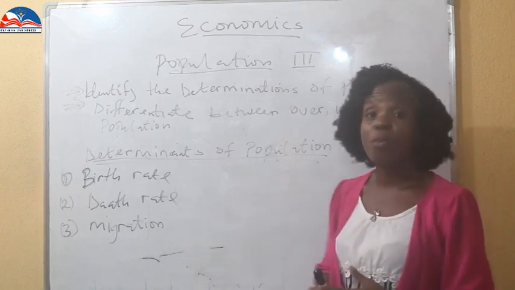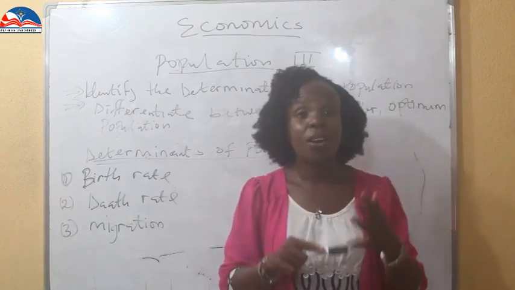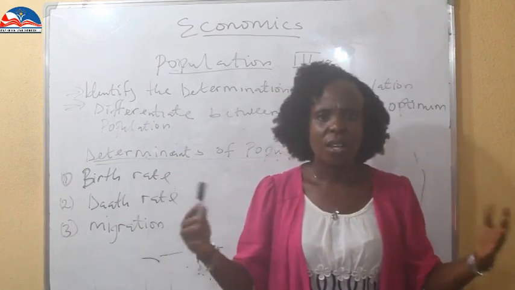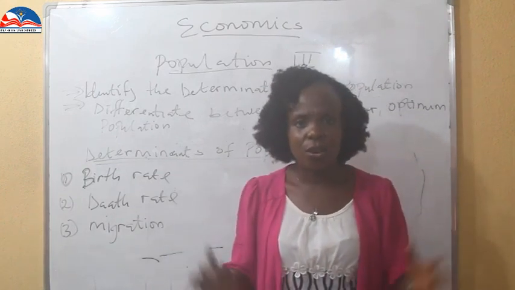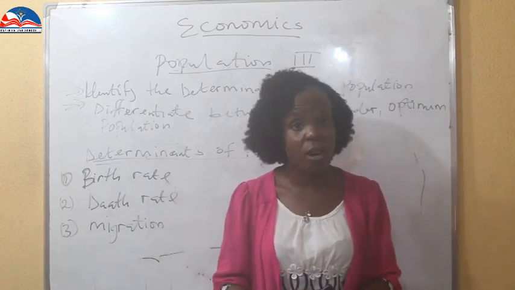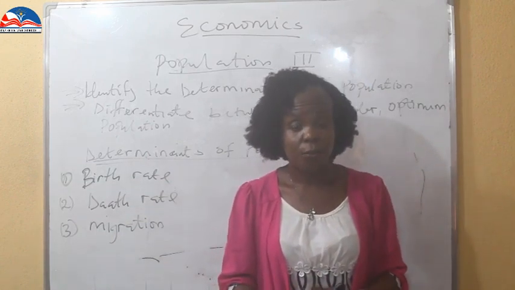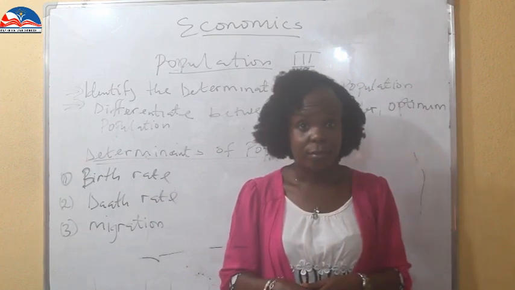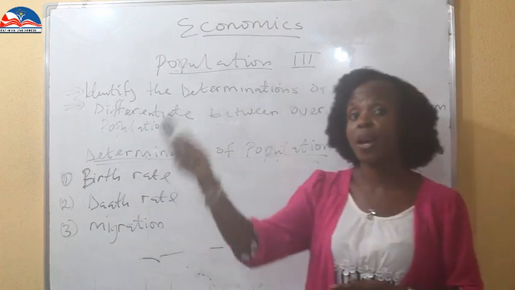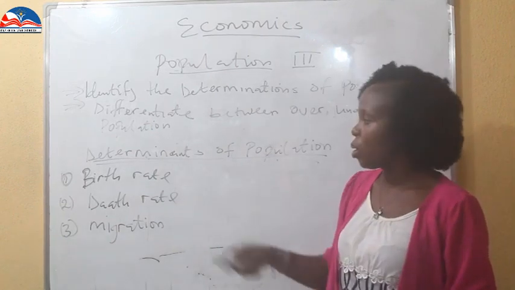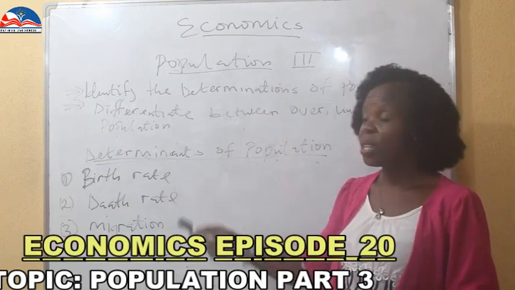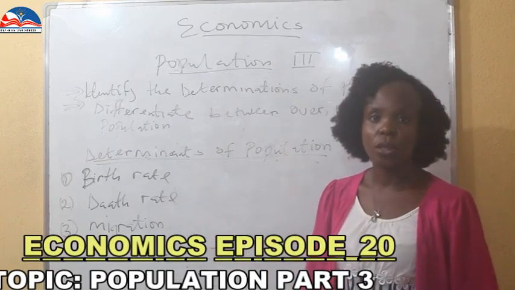And the reason why people migrate is poor economy, that's to say, the standard of living in their country is so poor that they cannot cater for themselves, so they want to go to places where there are greener pastures. War, natural disaster, and a host of other things make people migrate to other places. So we've seen 3 determinants of population: the birth rate, the death rate, and the migration rate.